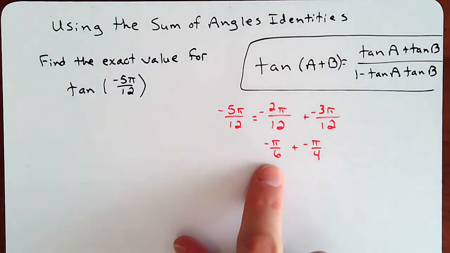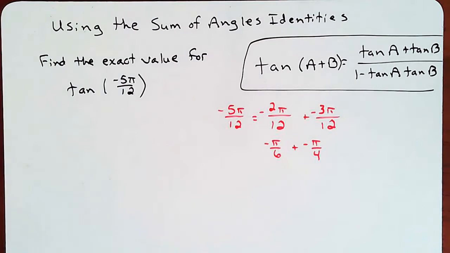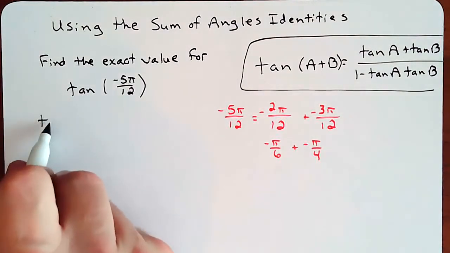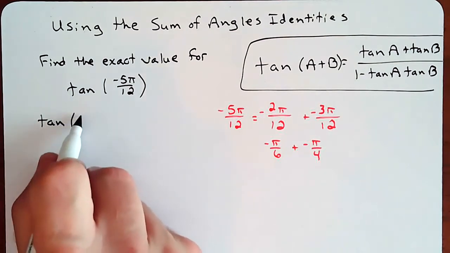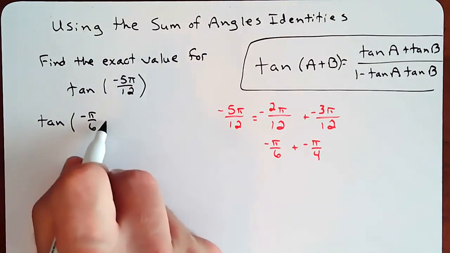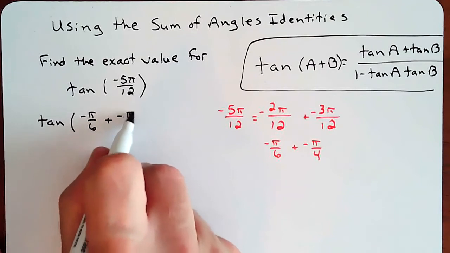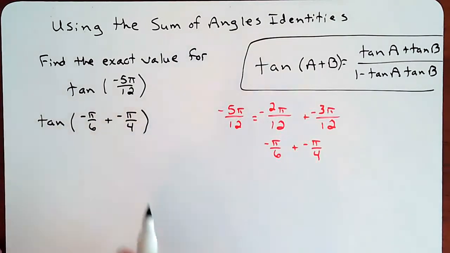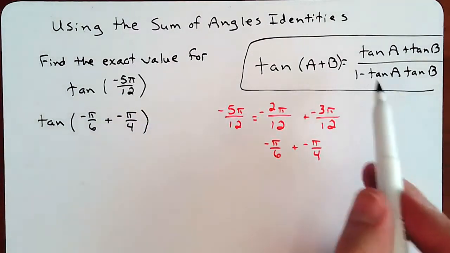Because I can figure out what that is, and I can figure out what that is as an exact value with some special triangles. So I'm going to rewrite this as tangent of negative pi over 6 plus negative pi over 4. All right, now I'm going to apply the formula.